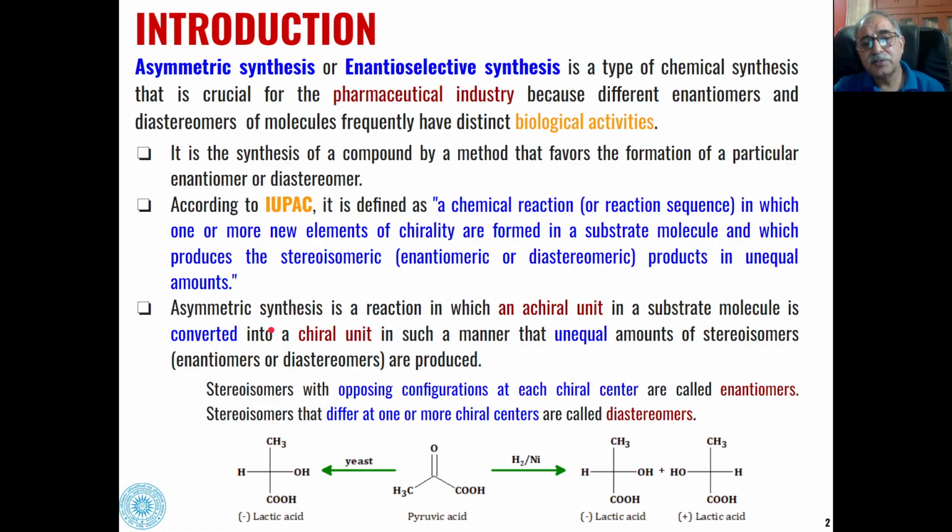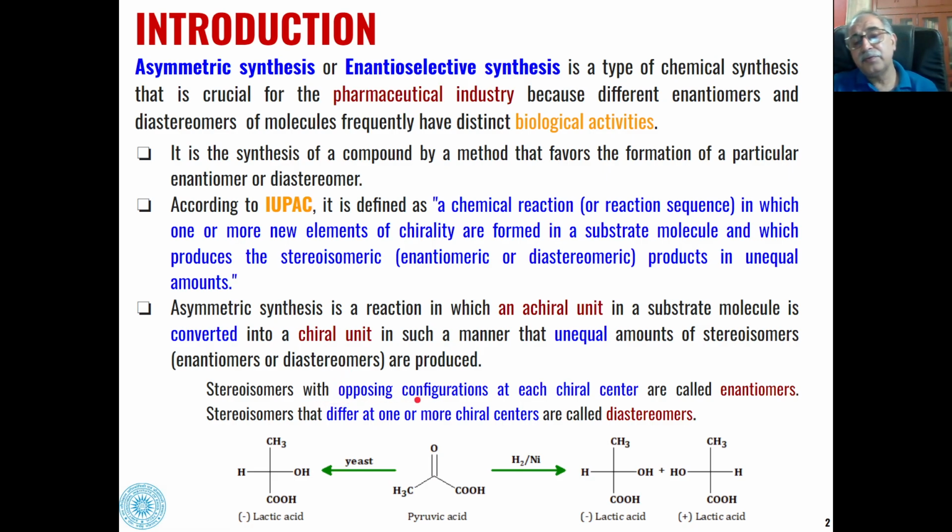Similarly, another definition of asymmetric synthesis which is given in the journal is that asymmetric synthesis is a reaction in which an achiral unit in a substrate molecule, meaning in a reactant, is converted into a chiral unit in the product, where unequal amounts of stereoisomers are produced, and stereoisomers may be enantiomers or diastereomers.